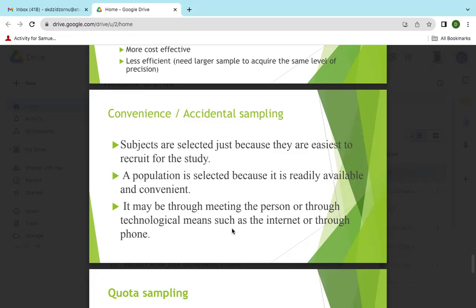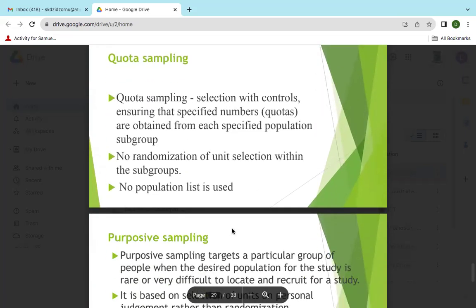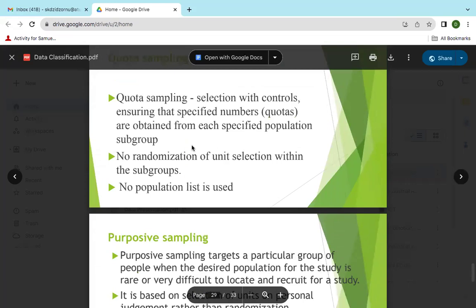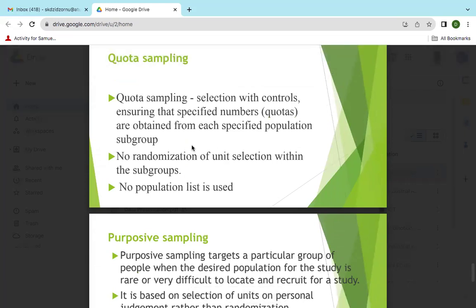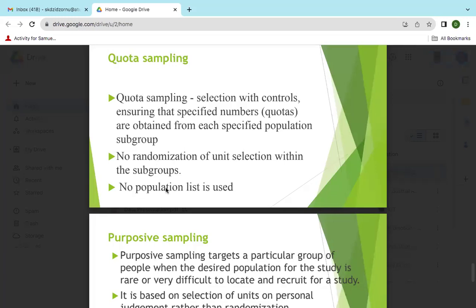Now let's look at the second one, quota sampling. Quota sampling is selection with controls, ensuring that specified numbers, or what we call quotas, are obtained from each specified population subgroup. No randomization of unit selection within the subgroups, and no population list is used.